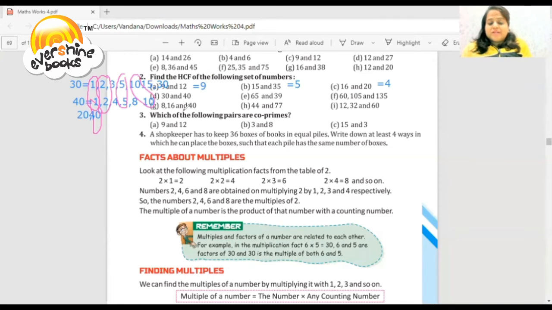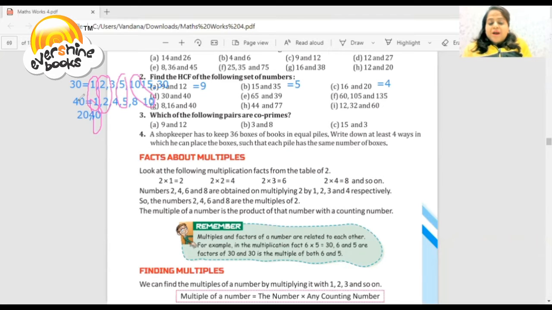Students, this is your 30 and 40. Factors of 30 are 1, 2, 3, 5, 10, 15 and 30. And factors of 40 are 1, 2, 4, 5, 8, 10, 20 and 40.